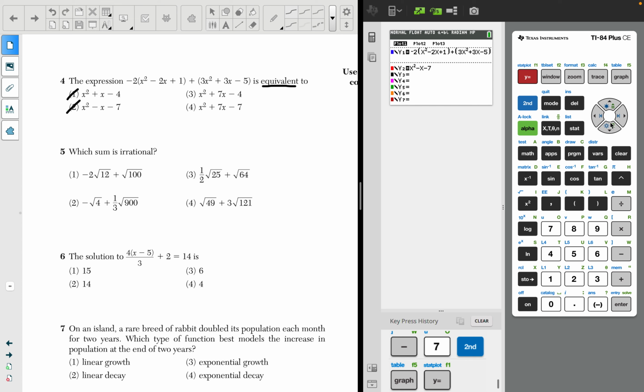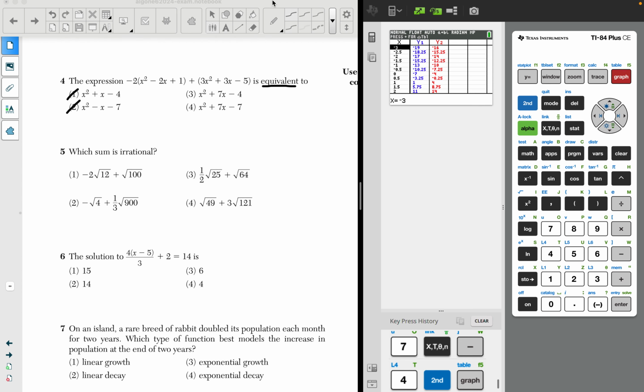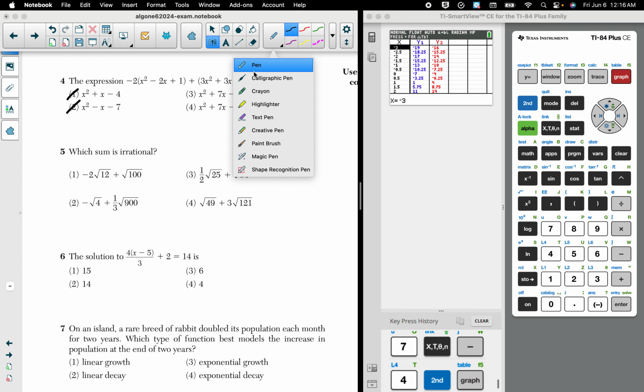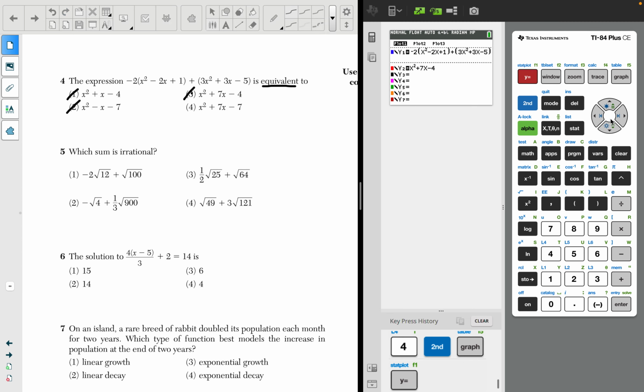And let's go to the third answer choice. Okay, the answer is not the same, and we can cross off that answer too. So let's go to the last one.